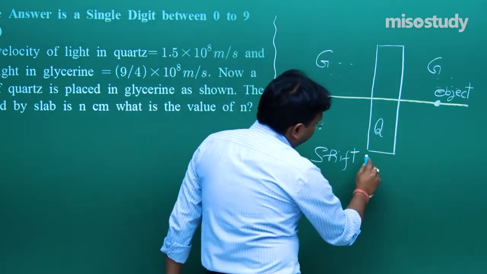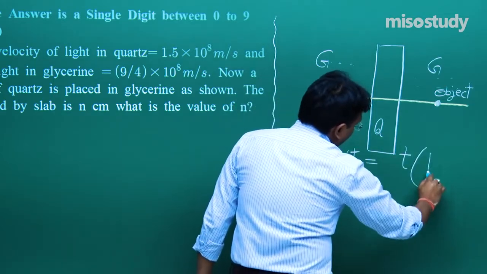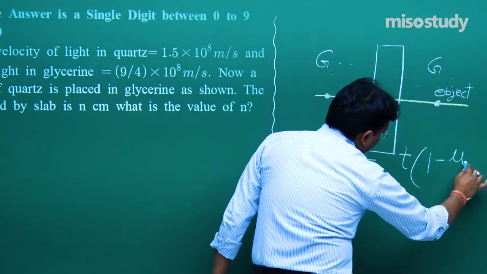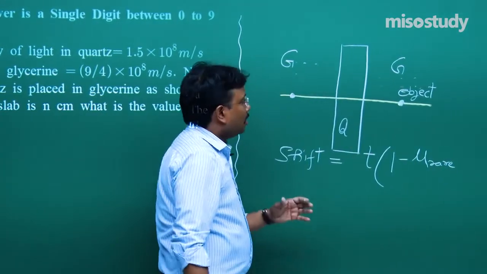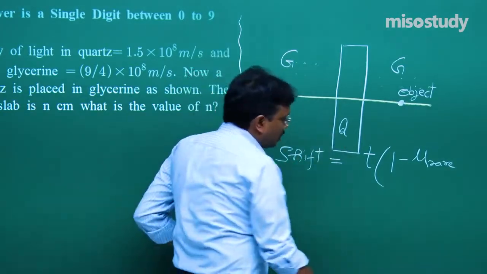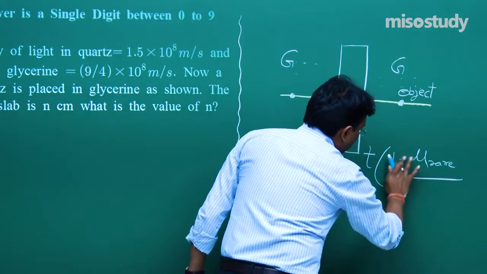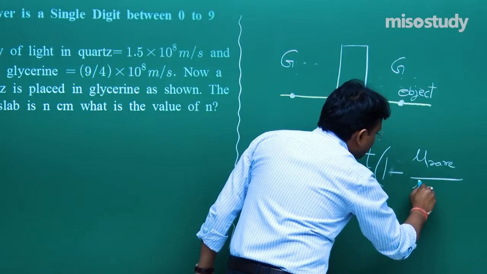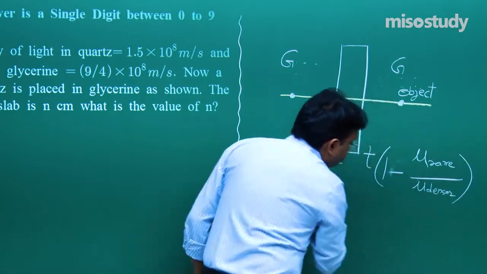Fine. Shift is given as t times (1 minus mu rare upon mu denser). Rare means obviously glycerine is rarer than the quartz. Sorry, I should put this minus sign over here, mu rare upon mu denser.